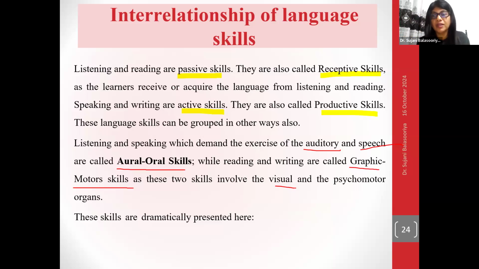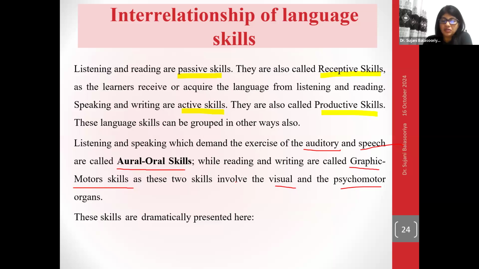Many more components are there inside the brain that help produce language. So the brain functions are required in order to write. Okay, so that is another classification then.